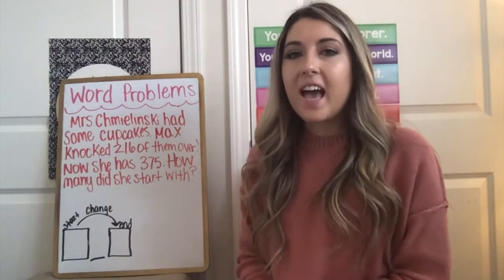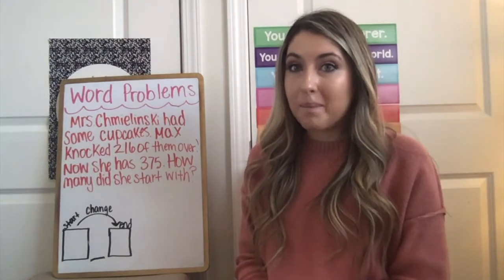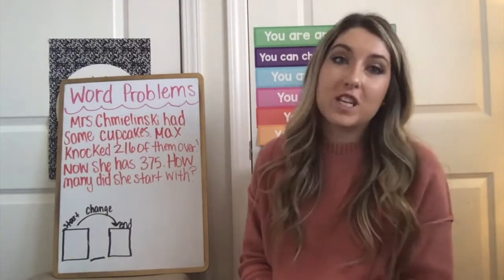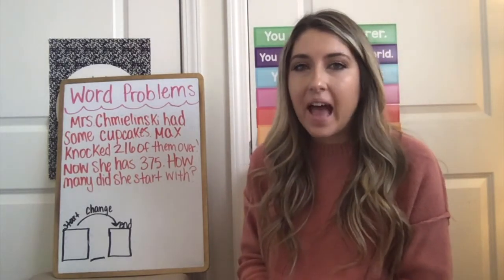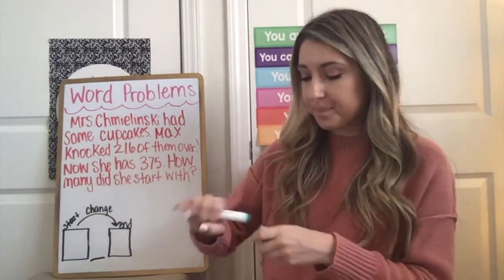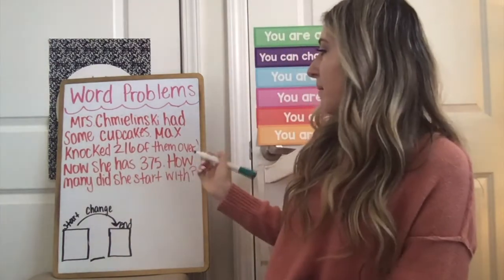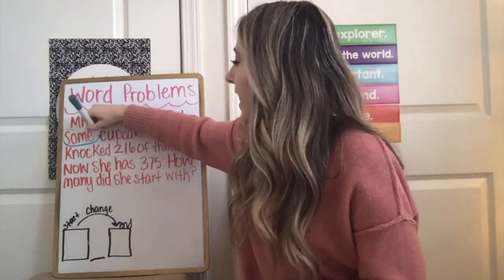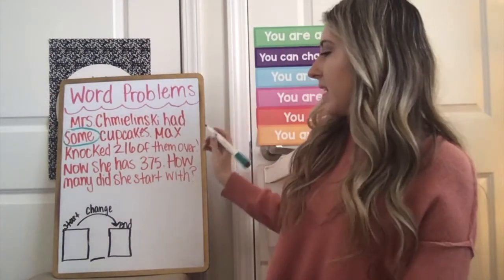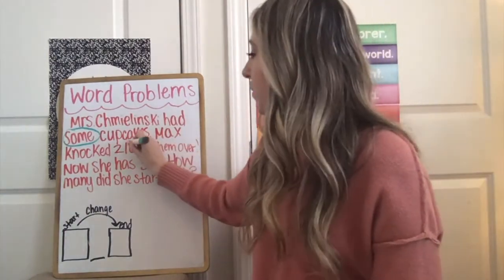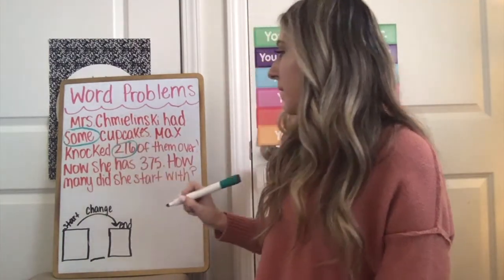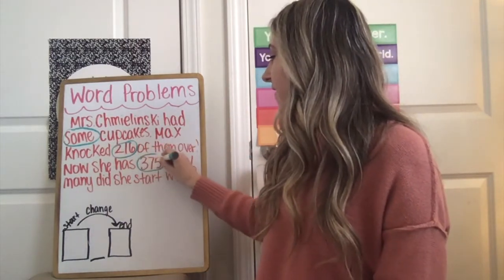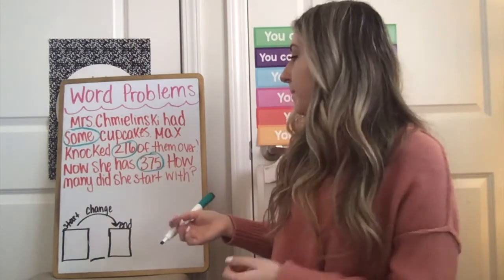Mrs. Chmielewski had some cupcakes. Max knocked over 216 of them. Now she has 375. How many did she start with? So I'm going to look through my problem again. Mrs. Chmielewski had some cupcakes. Okay. Then Max knocked over 216 of them. Now she has 375. How many did she start with?